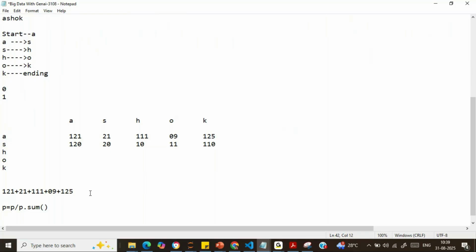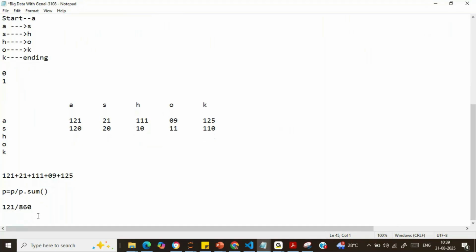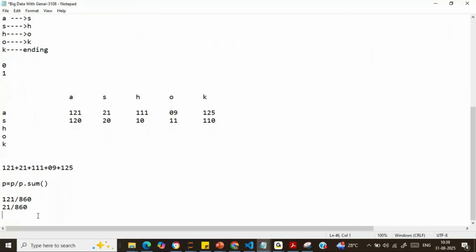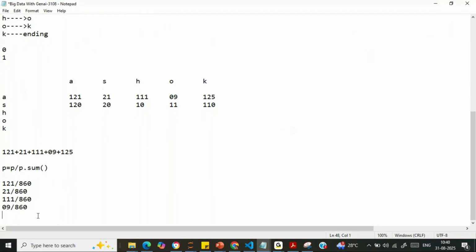This was done with respect to the first row only, and we have calculated, say, 121 divided by 860, which is the total sum for all these numbers. So 120 divided by 860, 21 divided by 860, and triple one divided by 860, and 09 divided by 860, and 125 divided by 860.